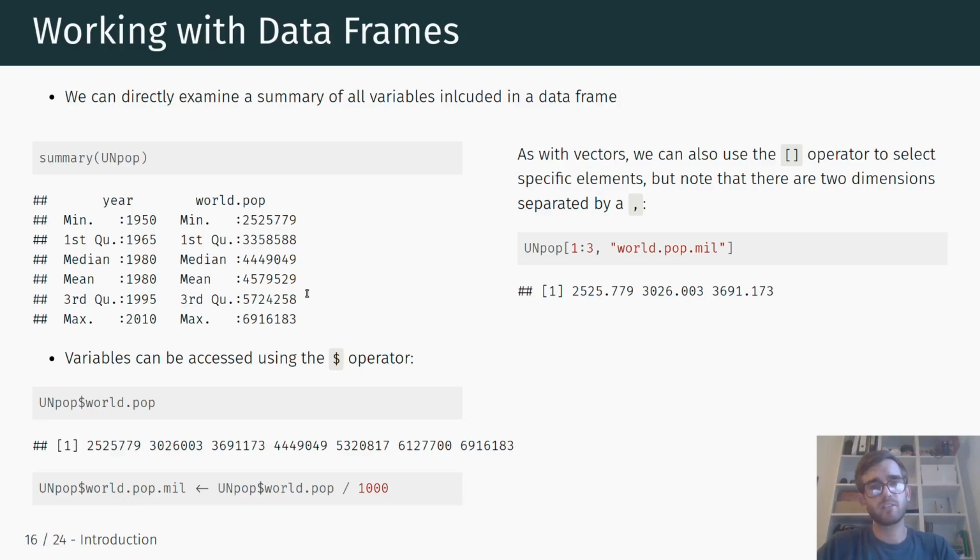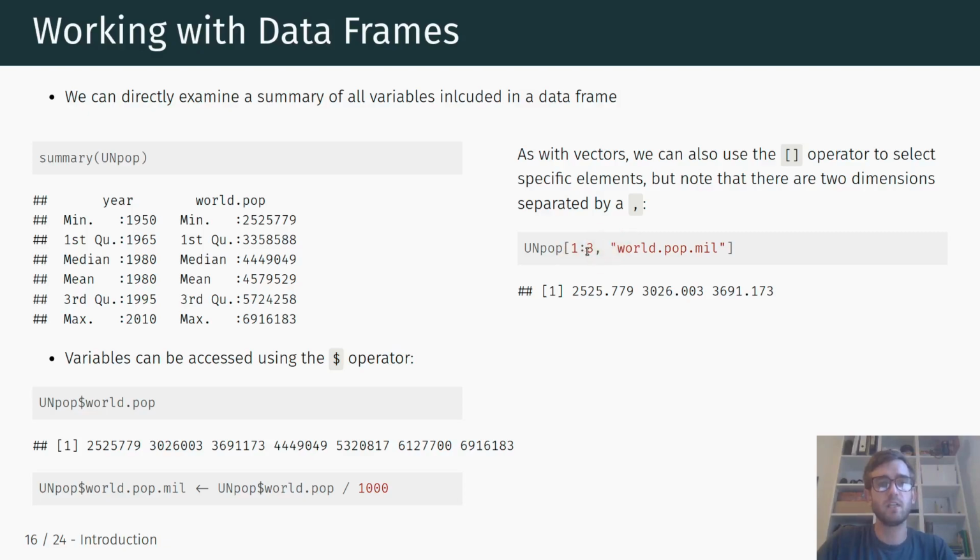So similar to vectors, we can also use these bracket operators to select specific elements in a data frame, but note that the data frame is a two-dimensional object, so it's not just one-dimensional like a vector. If we use the bracket operator, we have to select both dimensions, the rows and the columns, so to speak, and separate them with a comma, right?